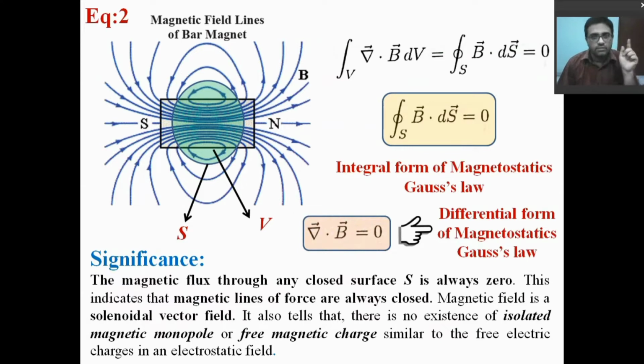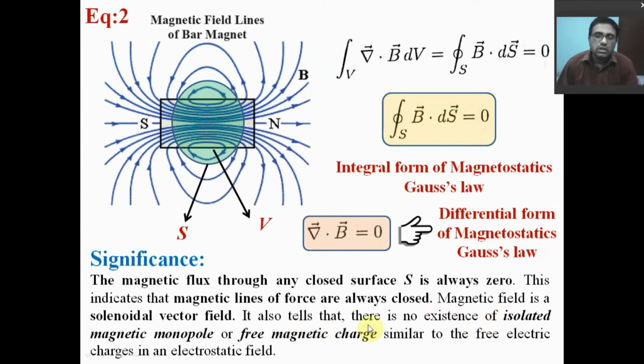But if you consider an electric charge, there your electric field lines will not be closed. But magnetic field lines are always closed. Here in the picture you can see it is closed. It comes from this N pole and ends at this S pole. It is closed. Okay, and that's why it is called a solenoidal vector field.